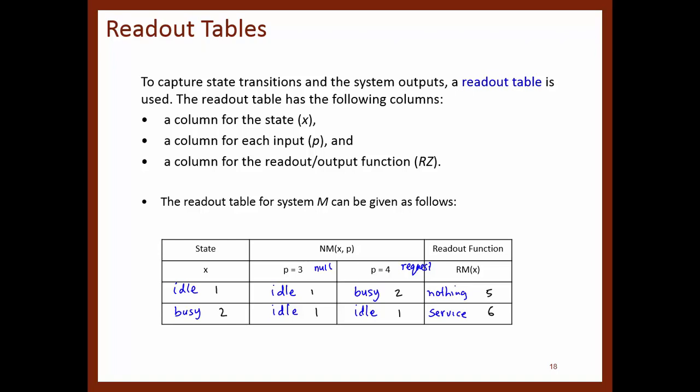And a column for the readout function, so we have two readout values, nothing and service, 5 and 6. Okay, so this is the readout table for system M, another way to represent the behavior of the system.